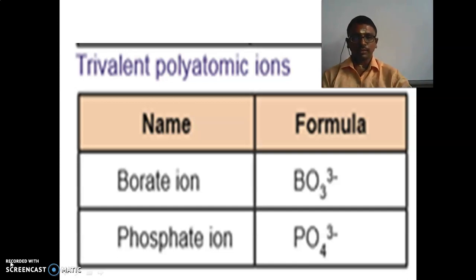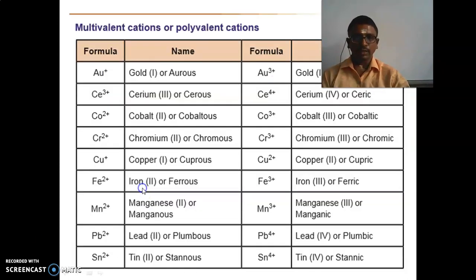Next, we will see the multivalent cations or polyvalent cations. The term multi indicates poly, many. It will be 2, it will be 3, it will be 4. That indicates multivalent cations.